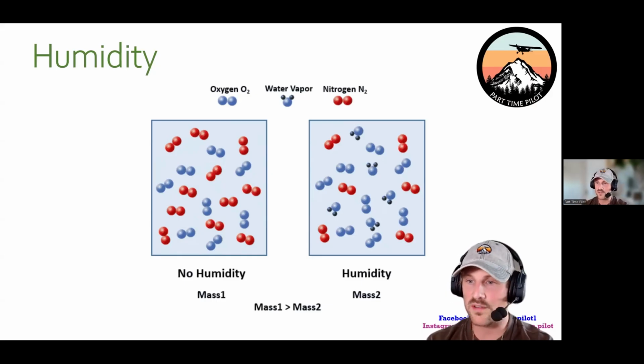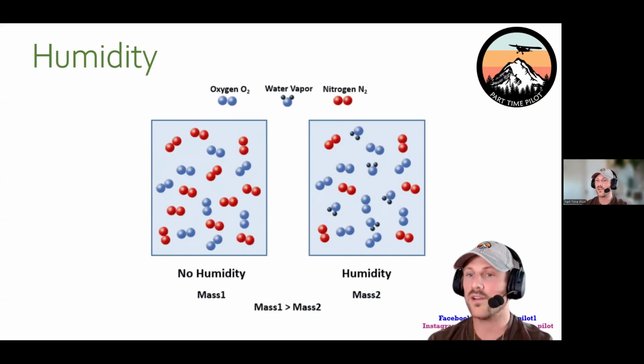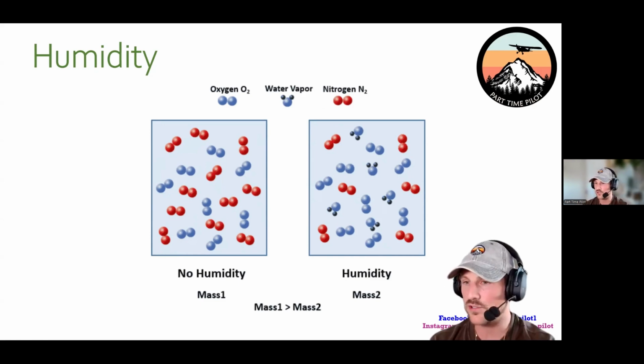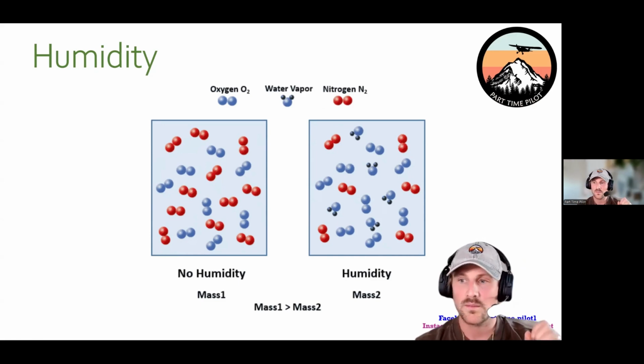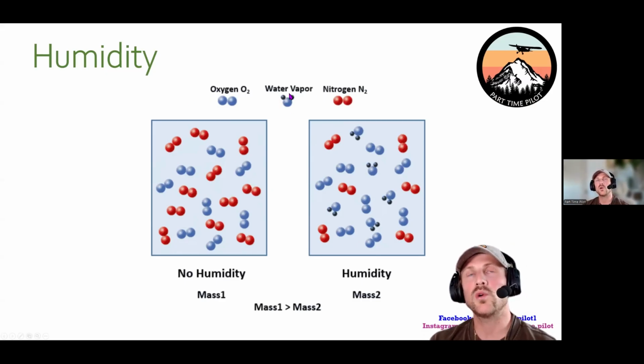Humidity is just a measure of the amount of water vapor in a volume of air. When air is humid, the water vapor replaces the space taken up by nitrogen and oxygen, but water vapor has less mass. So water vapor, H2O, kind of replaces some of these other molecules in a given volume of air.